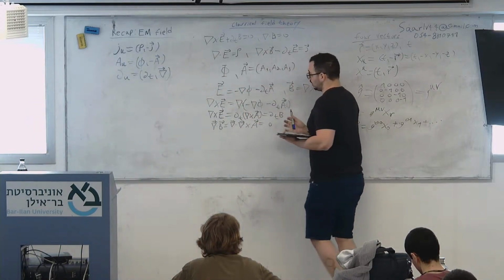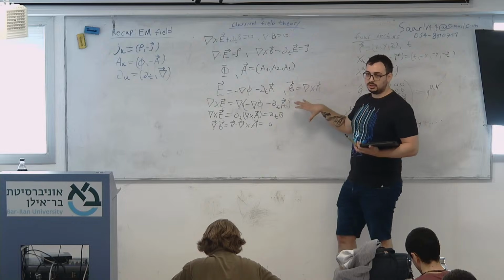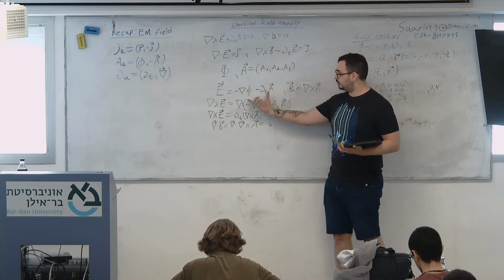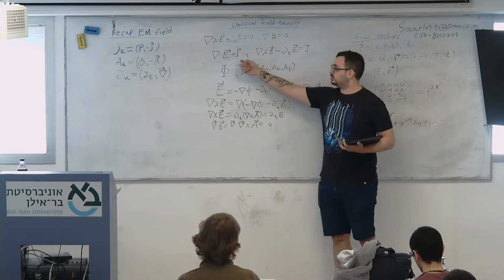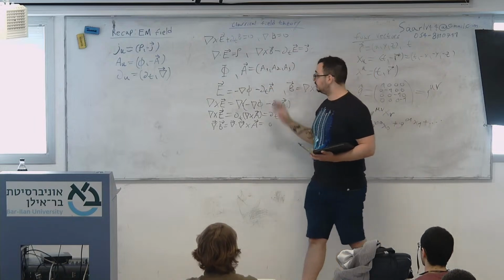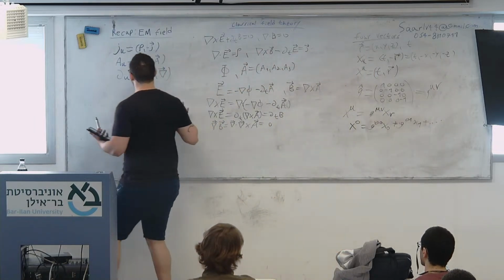Look here. Basically, we distilled all of our equations to be dependent only on the potential, the currents and the charge density. So I took all these terms and put them here.